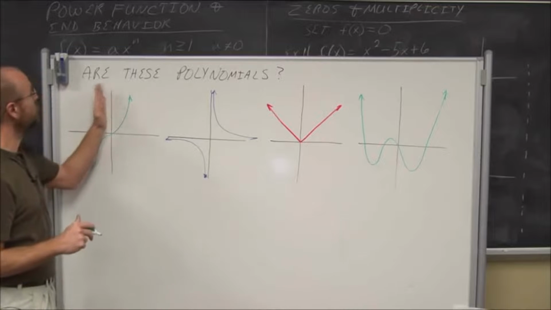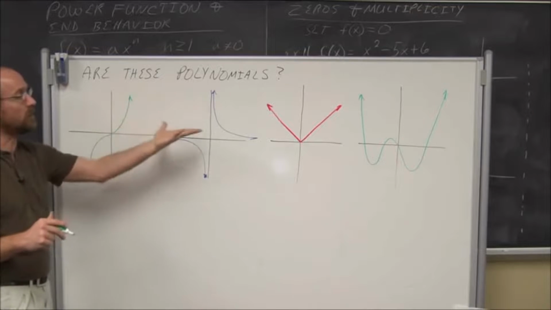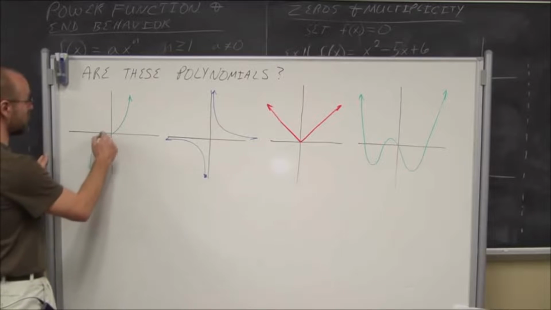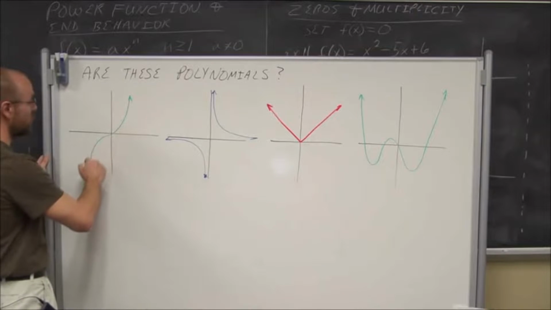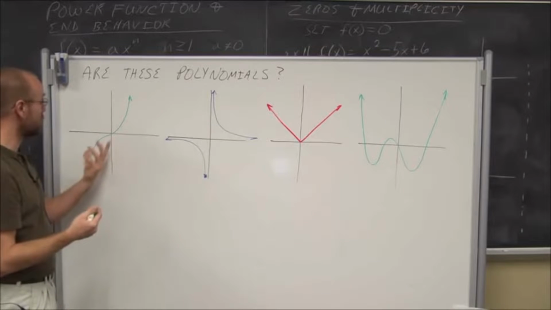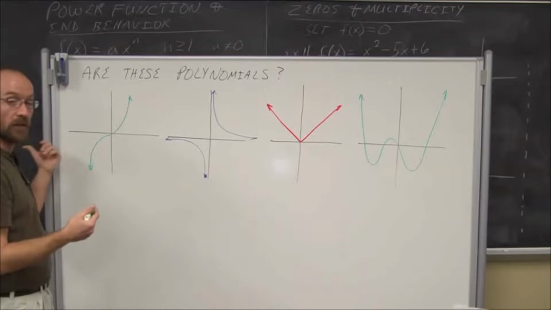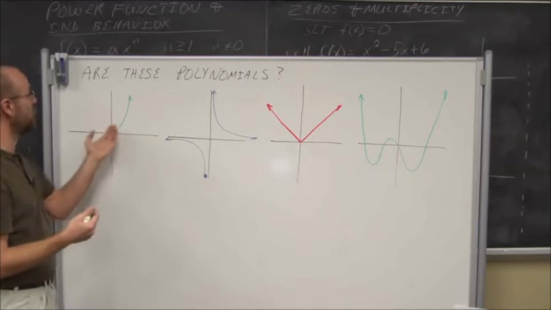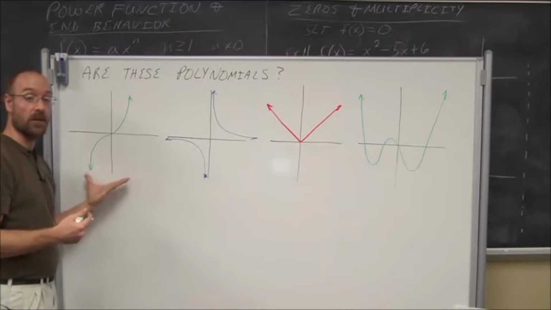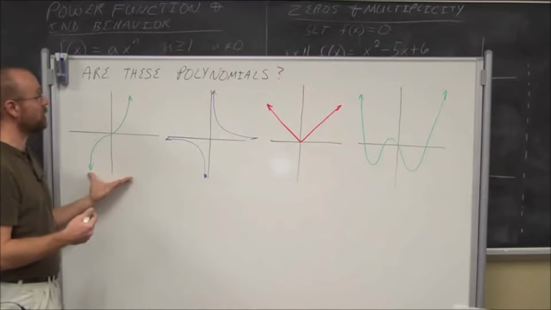Now, if we look at this, our question is, are these polynomials? The first one here, if I were to trace this, is one nice smooth curve. I wouldn't have to lift my pen at all. As x goes to negative infinity, this just continues going down. If it goes to positive infinity, this continues to go up. So yes, this is a polynomial.